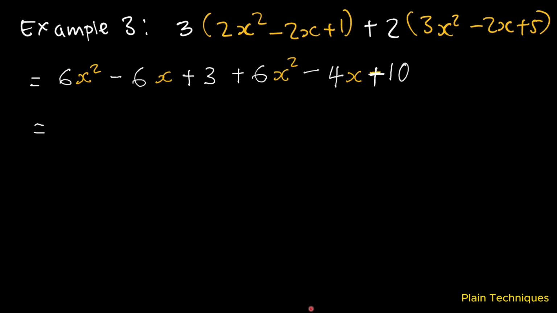Okay? So this is what I'm going to do. So I'm simply going to say 6x squared plus 6x squared, right? So this 6x squared is that one, and this 6x squared is this one here, right?